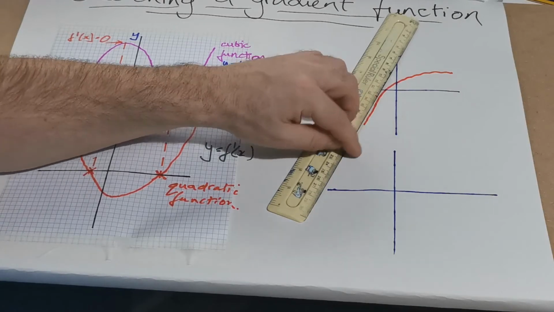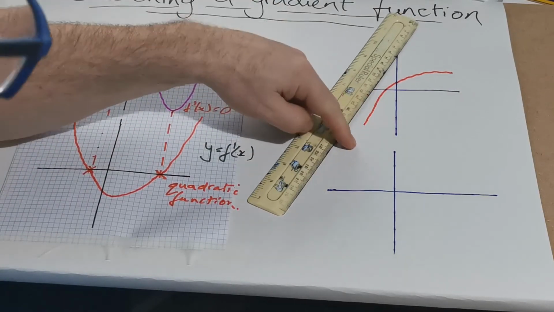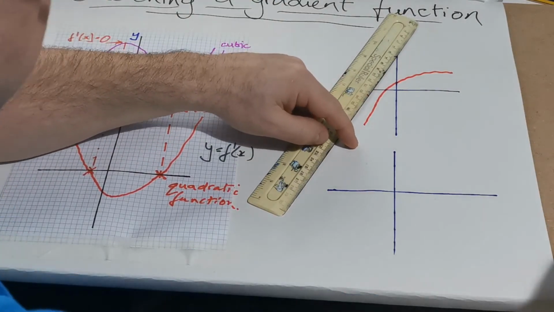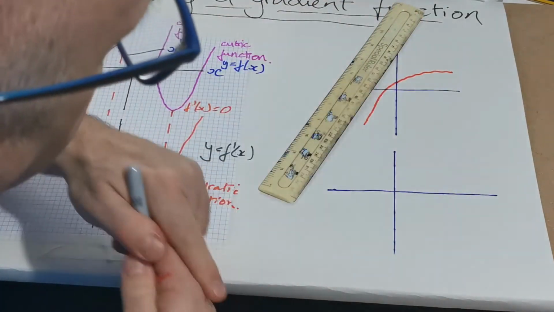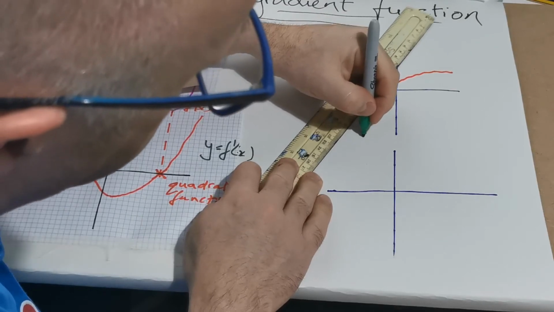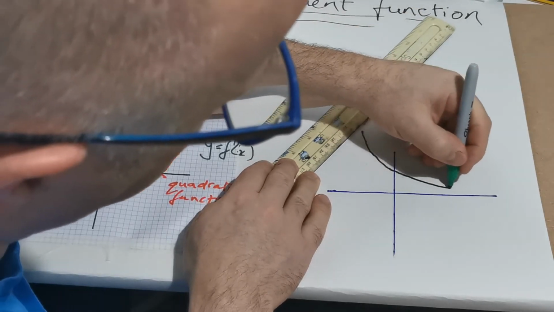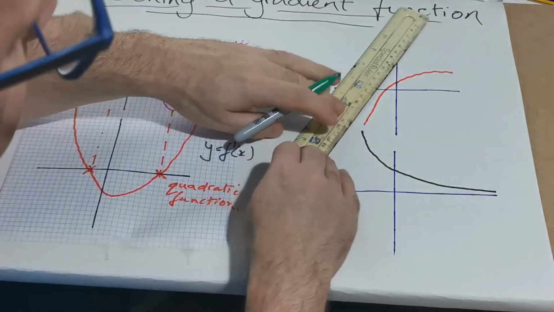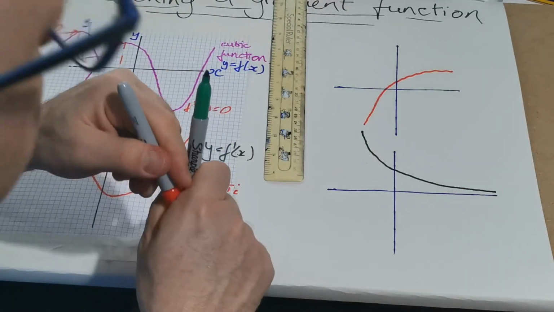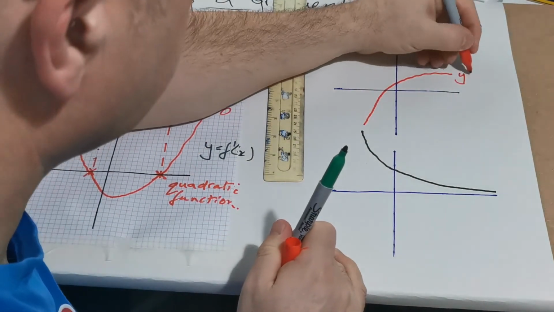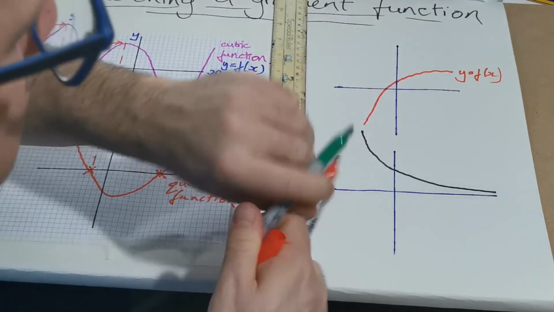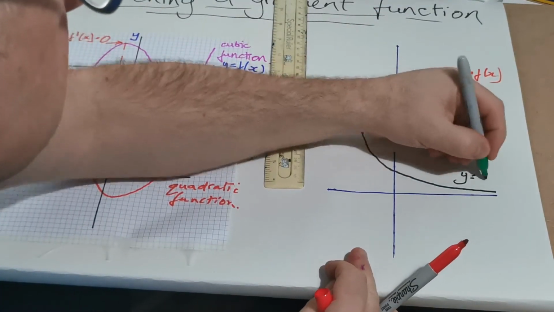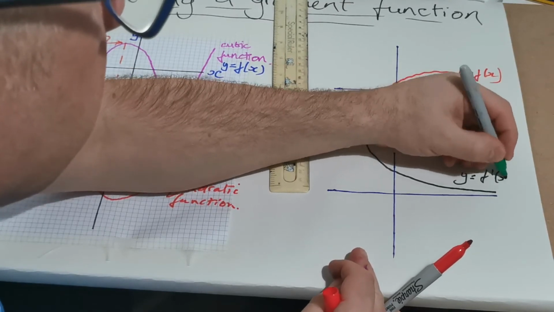So I would expect my gradient function to be high here, and then the gradient's coming towards 0, so I'm going to make it come towards 0. So this one would be y equals f(x), and this will be y equals f'(x), the gradient function.